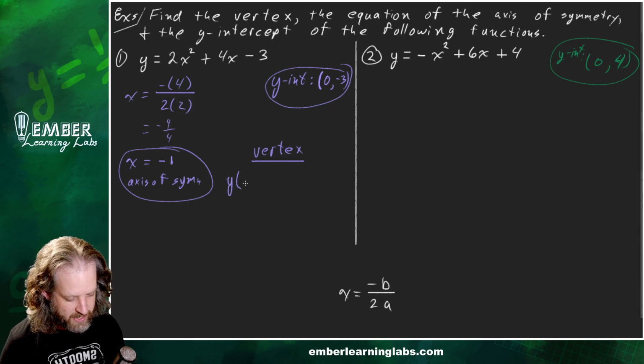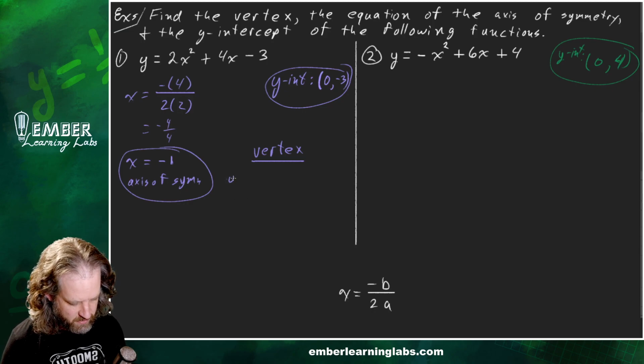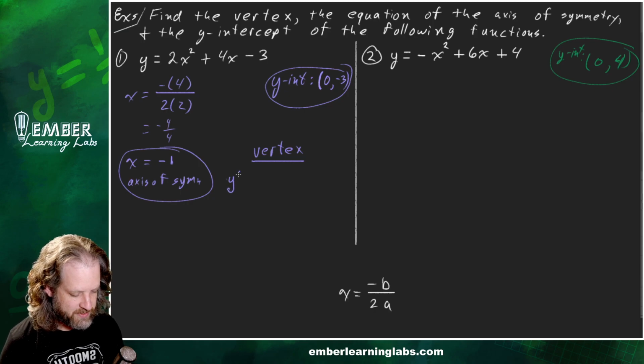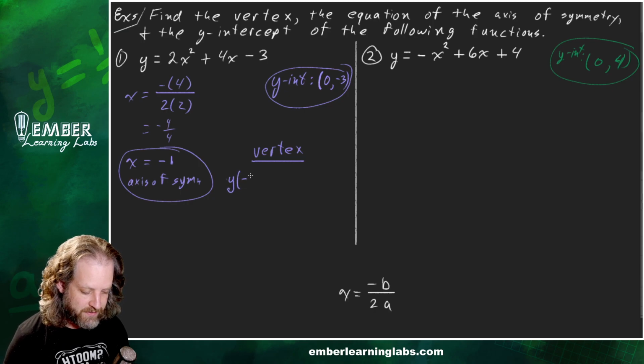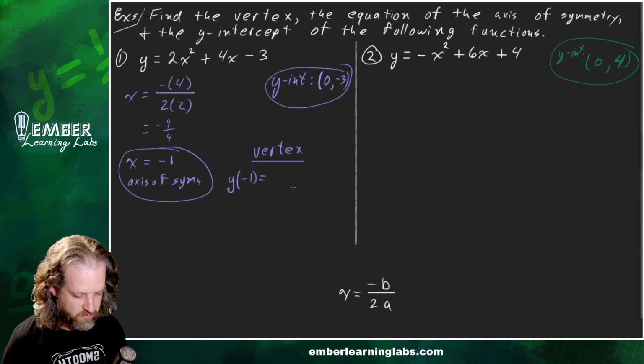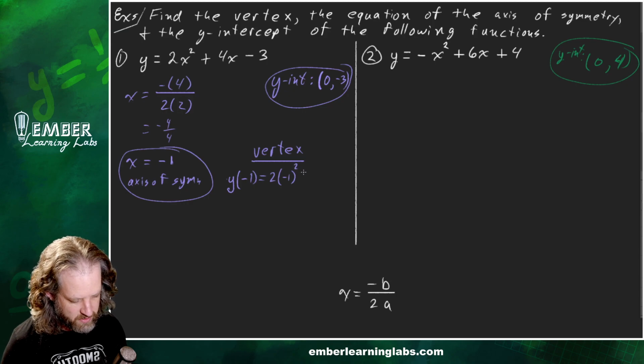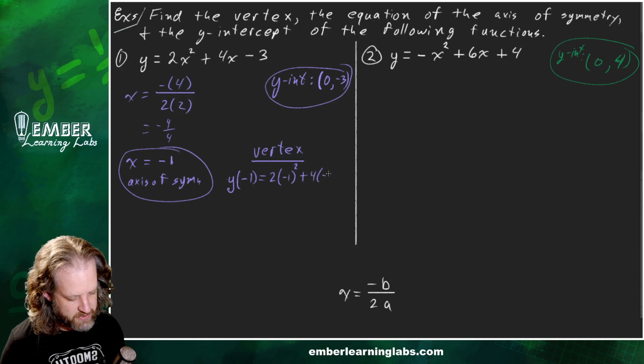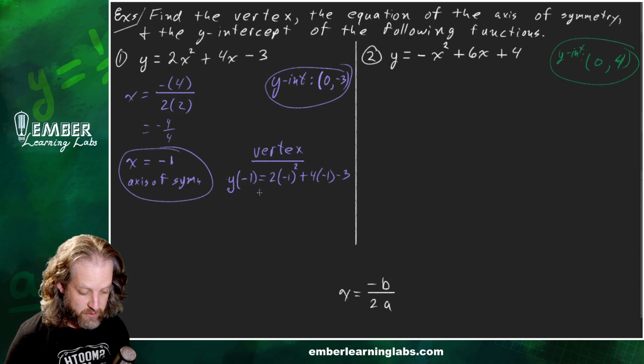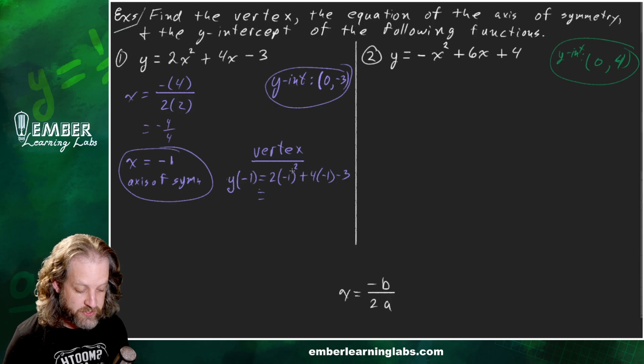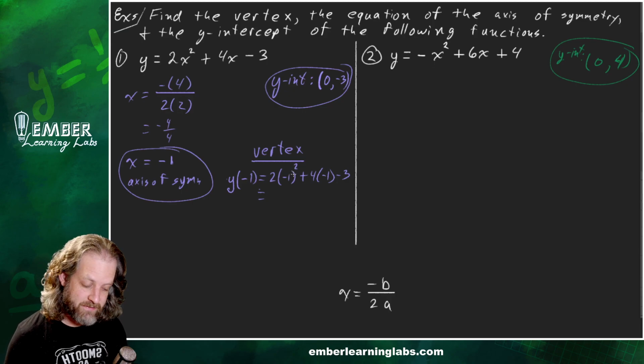So y of negative 1 equals 2 times negative 1 squared plus 4 times negative 1 minus 3. Okay, so negative 1 squared is positive 1. Negative times the negative is positive.